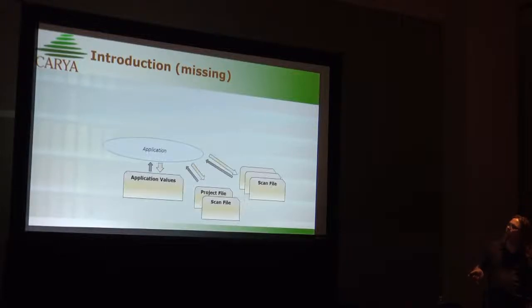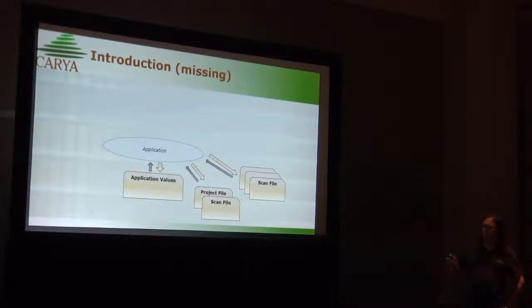I could have left this out, but this might give an impression of the complications of the project that I'm working in. In my application, you don't have to understand it, but it's just to maybe give a little bit of an idea of the complexity. In my applications, I have application values stored in the ini file, and then I have dynamic files, so I can open and close these, and I can open and close multiple of them at the same time.